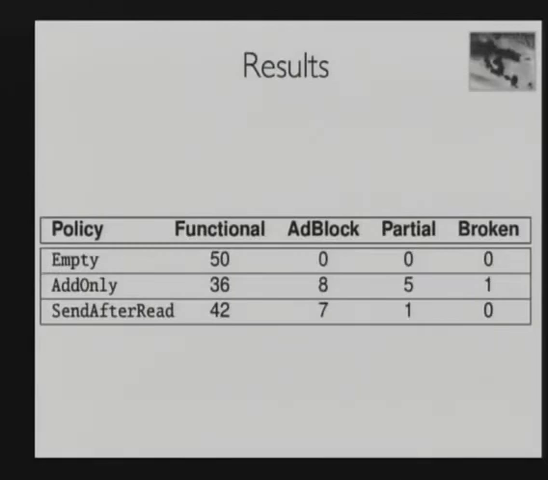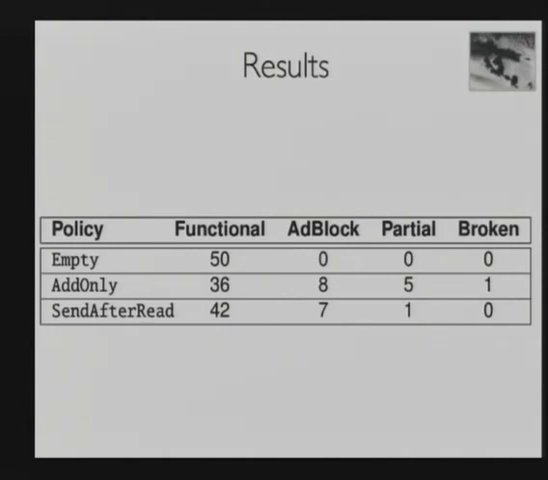We ran our system over 50 websites, half of the 50 most popular websites that use JavaScript, and we tried it out. We tried out the empty policy, and all sites work well. Sanity check.